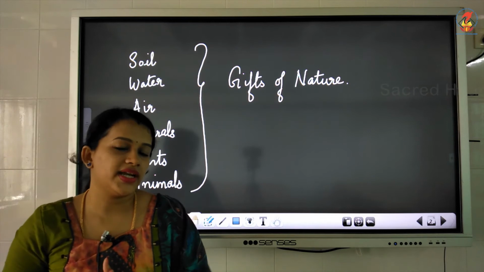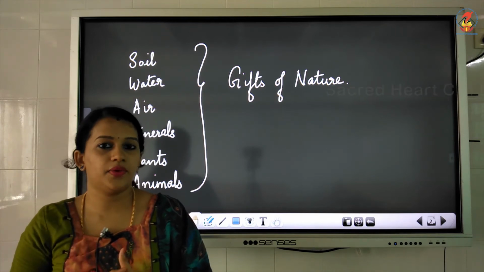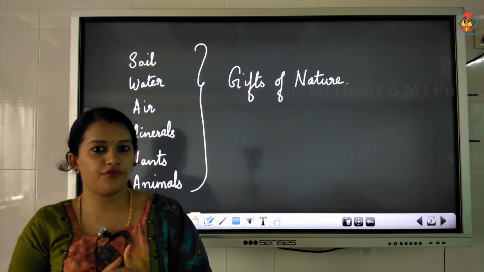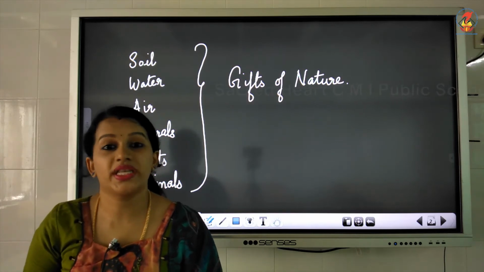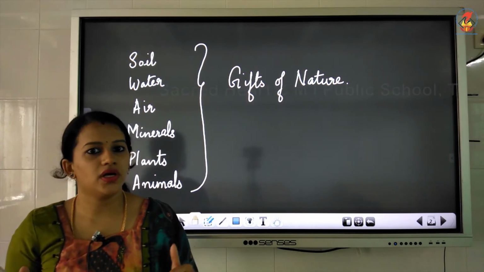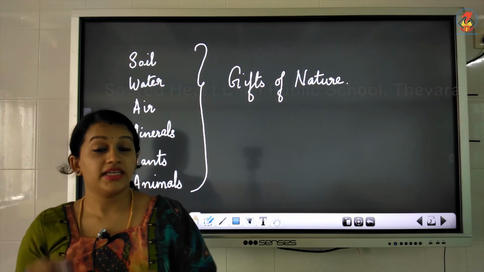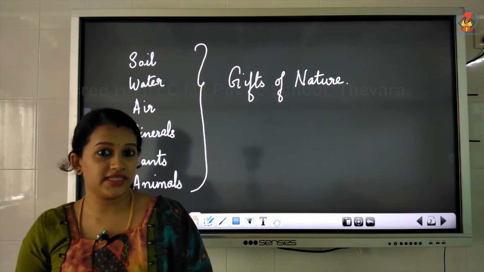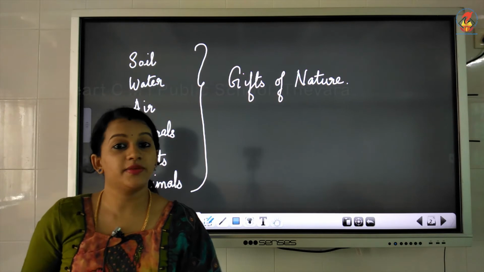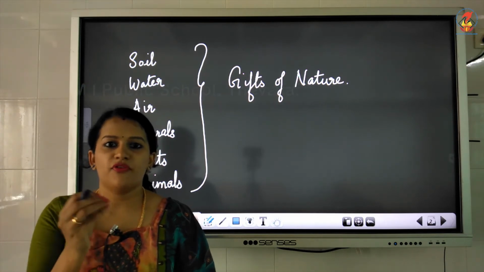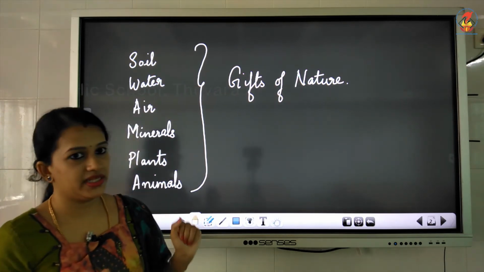For example, one example I will tell you of how they converted these gifts of nature. One example is wind, isn't it? Wind is also a gift of nature. And how did the humans use it wisely? Have you seen windmills? I think some of you must have seen windmills, isn't it?